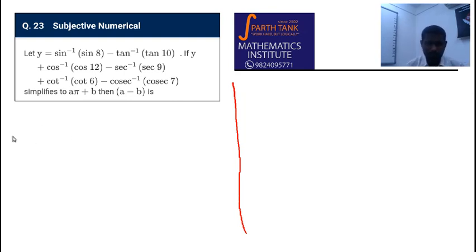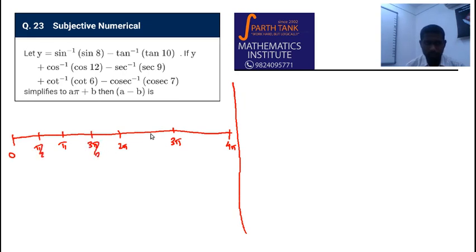So to make that easy, I am going to write the values from 0 till 4 pi. So 2 pi is somewhere here, pi is here, 3 pi is here, and also all the intermediate values, pi by 2, 3 pi by 2, 5 pi by 2 and 7 pi by 2. So this would be 1.57, right?